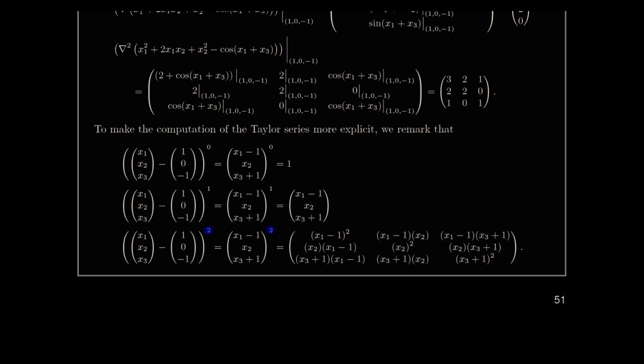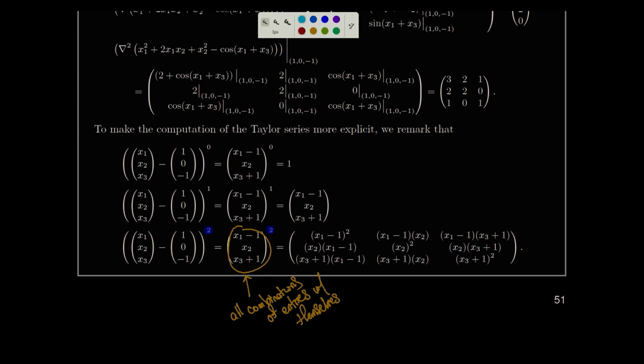Here I'm taking the square outer product of this vector. So I'm looking for all combinations of entries with themselves. And what do I mean by that? Well, we can just see it as the first entry by the first entry is going in the first spot. That's that entry squared. The first entry times the second entry is in the second spot.